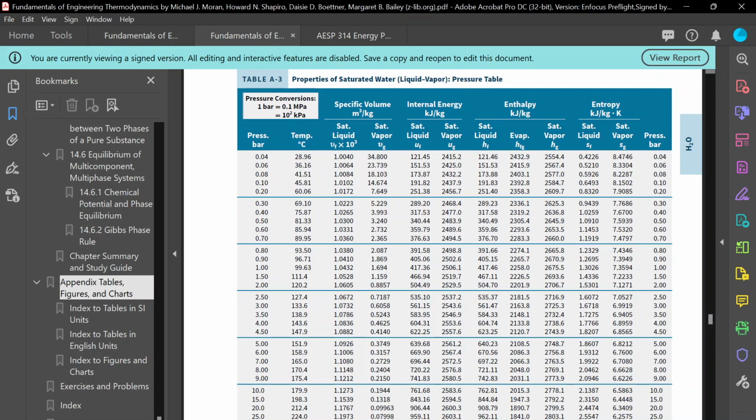What is the other thing? Do we have any saturated vapor at station 3? We do have it at station 1, right?